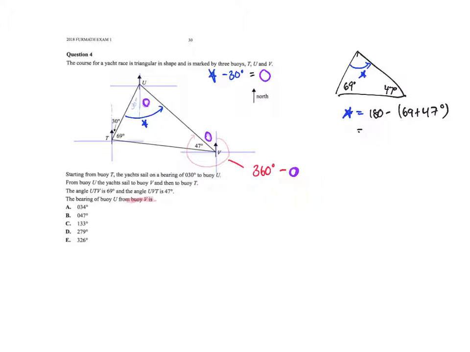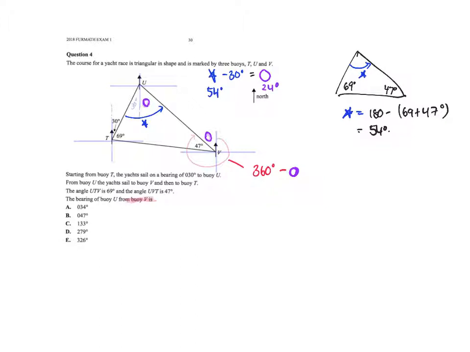What is it? 54. So I got this to be 54 degrees. So 54 minus 30 equals 24.